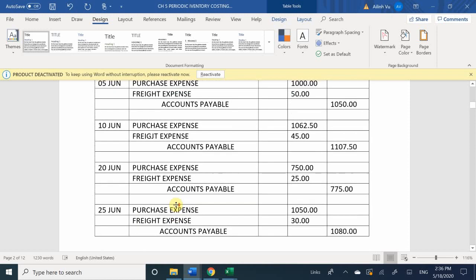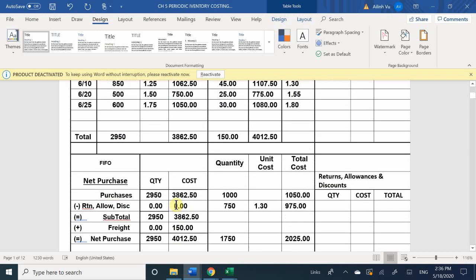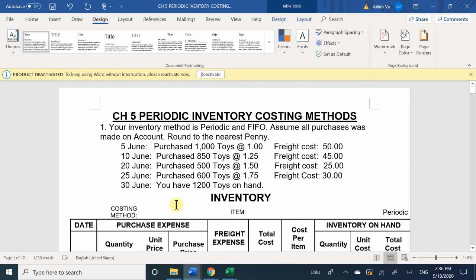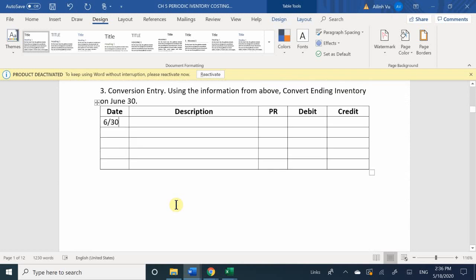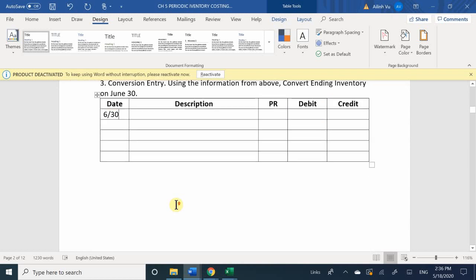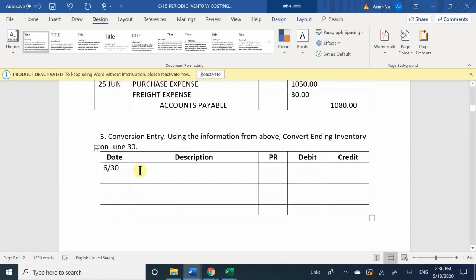Exactly. Now, a question to you. Let's look at this very carefully. What exactly did we buy? Toys. Yes, so are we going to put it as inventory or inventory as toys? Toys, yes, because we're converting it into inventory.